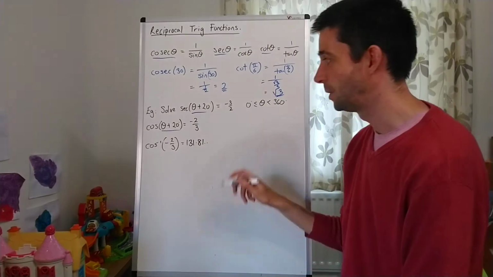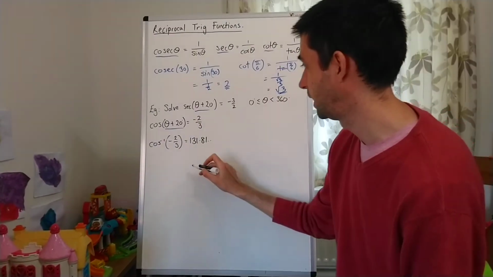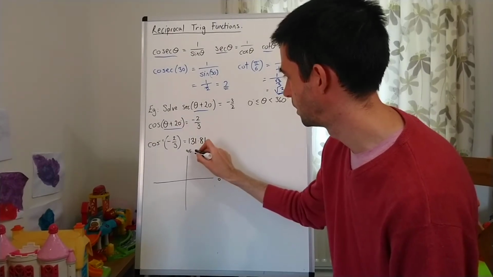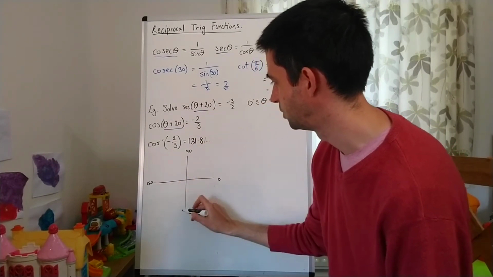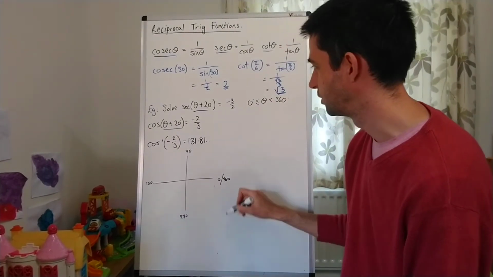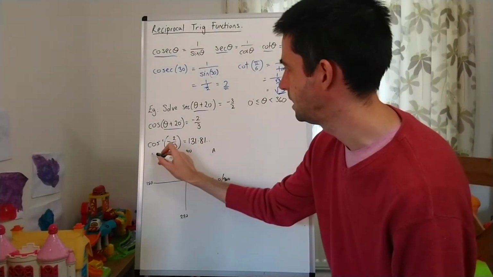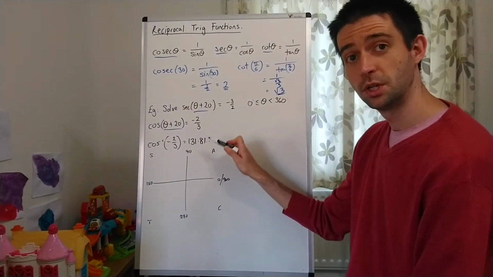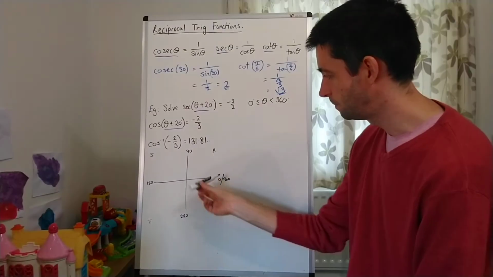So what I'm going to do now is draw that onto a quick CAST diagram. So I'm going to say, okay, 0, 90, 180, 270, 360, A, S, T, C, and my principal solution, 131.81.